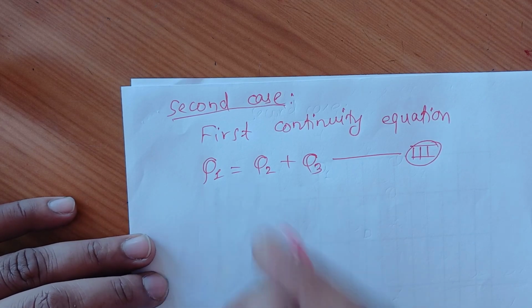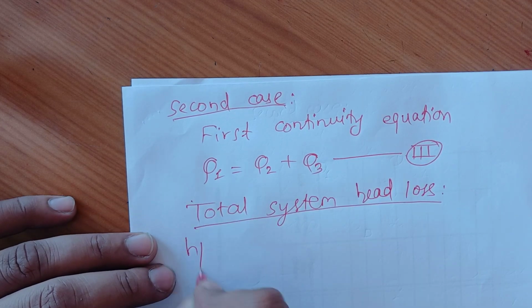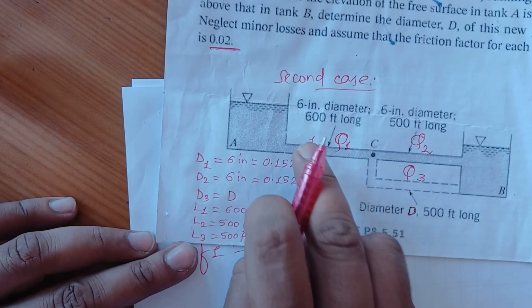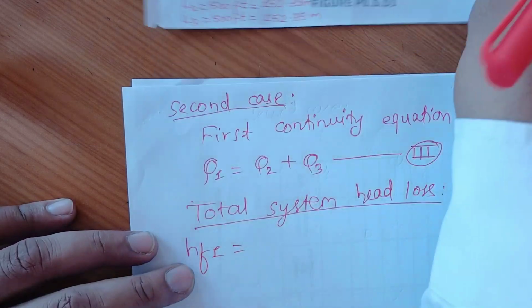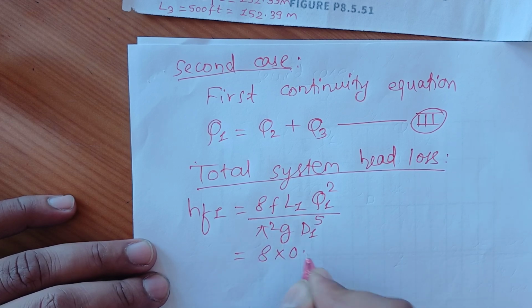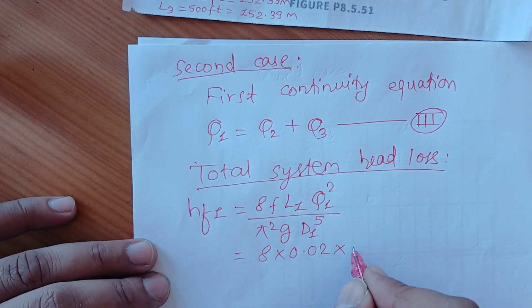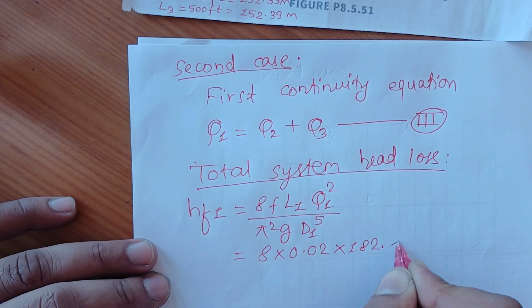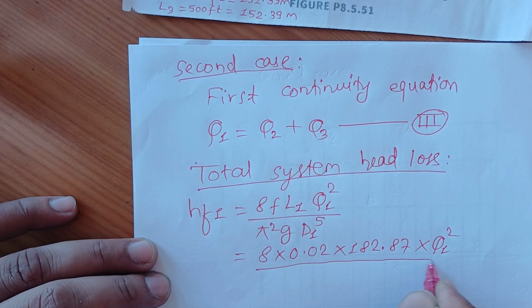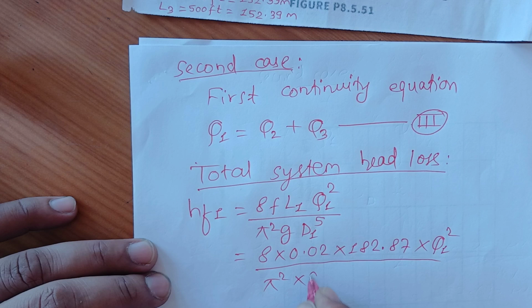Okay, let's go to find out the total system head loss, HF1 of this pipeline. HF1, head loss of this single pipeline. And let's substitute this: 8 into f, which is 0.02, and L1 is 182.87, Q1 square, we don't know Q1, divided by pi square g, where g is 9.81, and D1, how much is D1?